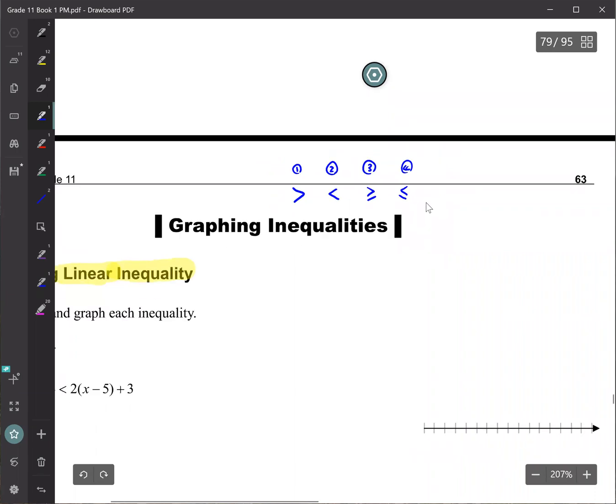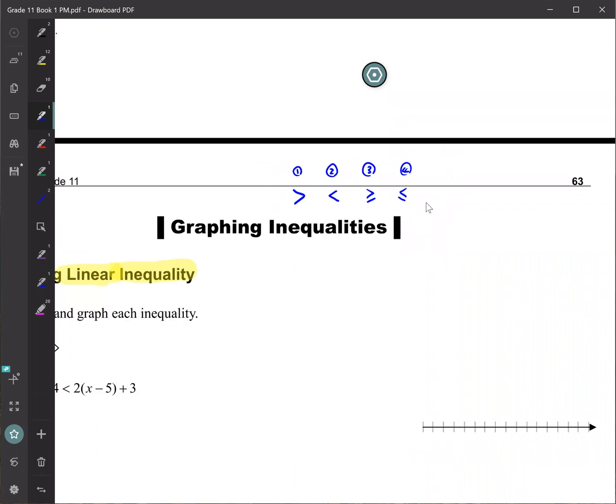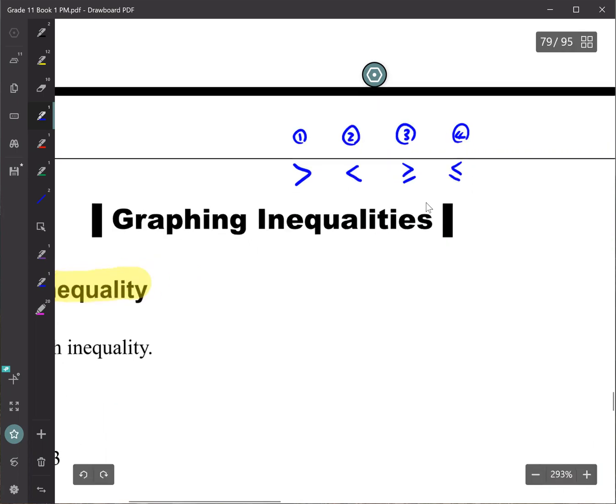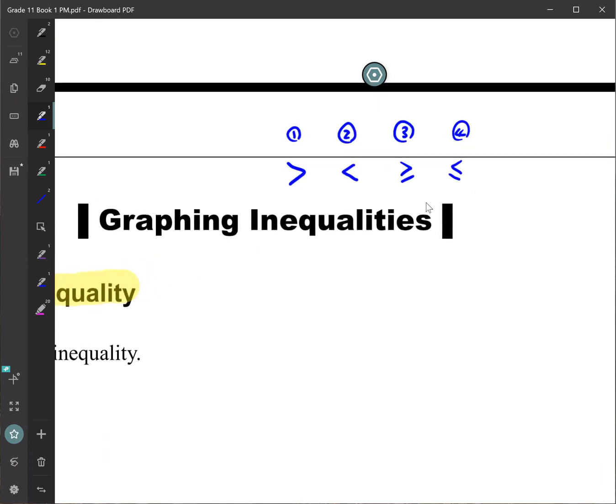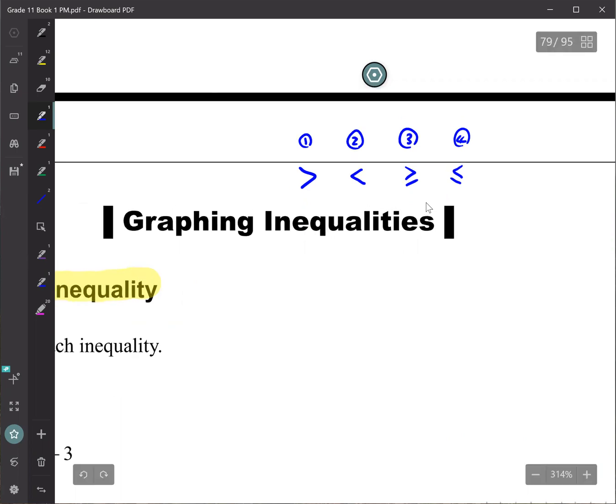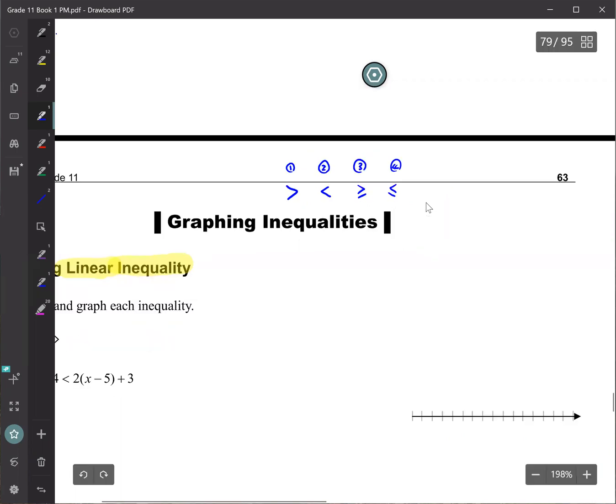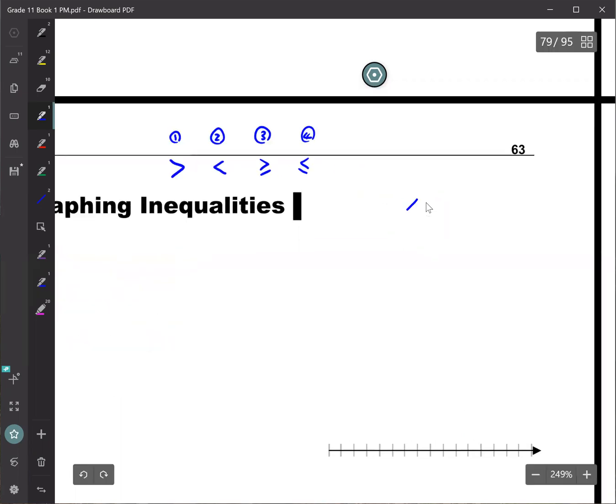Okay, so if you guys are confused about those four symbols, you can write it down. Usually we read from left to right. That's why those are the way to say them. Okay, so for example, like you have 4 and 3, we read from left to right. So 4 is greater than 3.